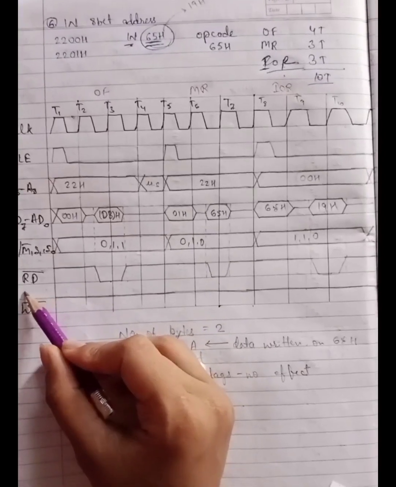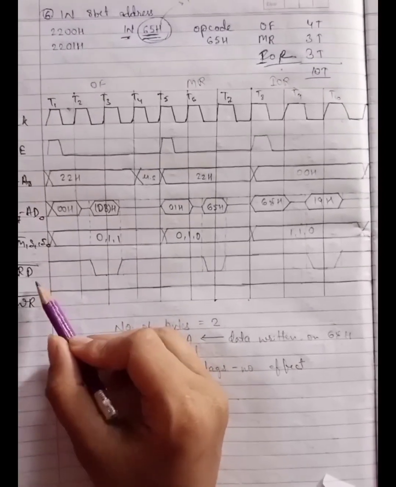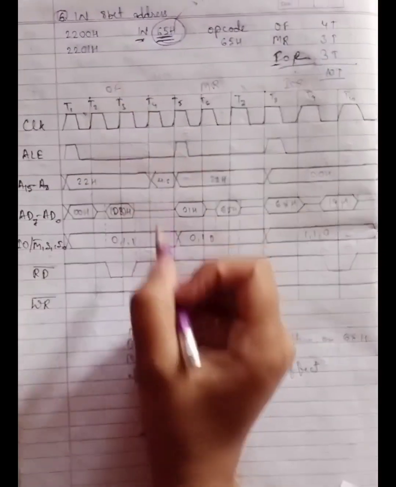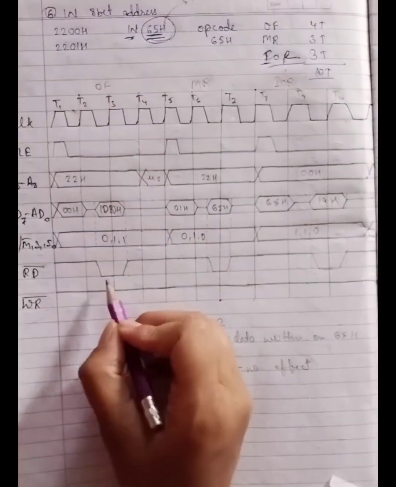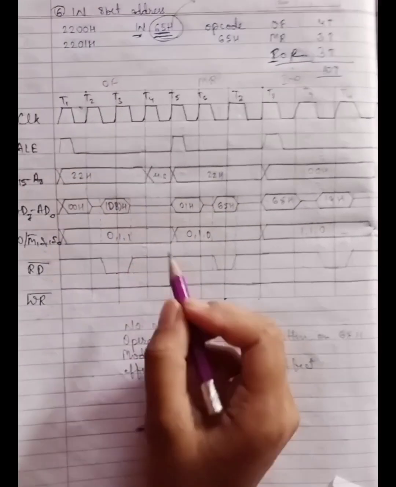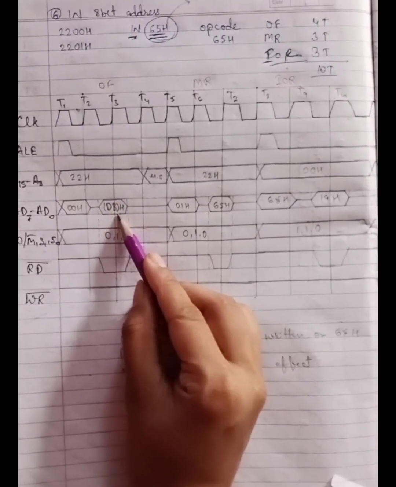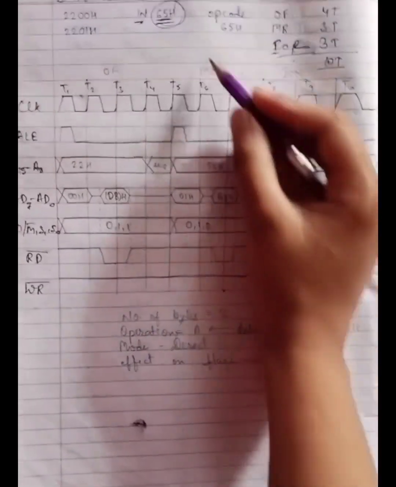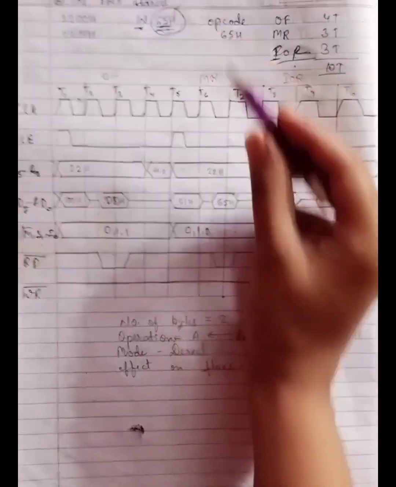Next is memory read and memory write. As memory read is taking place to read the opcode fetch, therefore memory read will be enabled at this space to read the opcode of IN, which is DBH. Next is to read the 8-bit address, which is 65H.